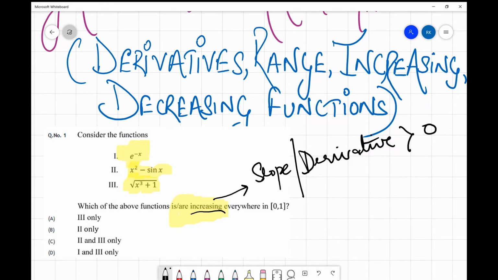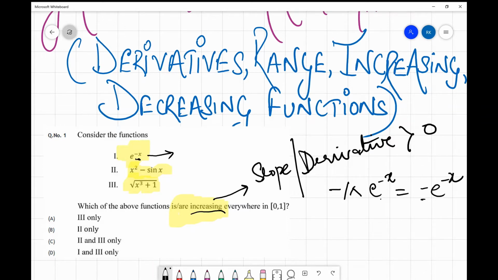If I analyze the first one, it is e to the power minus x. Its derivative is minus 1 for the derivative of the power minus x, that is minus 1 into e to the power minus x, because the derivative of e to the power x is e to the power x. So this becomes minus e to the power minus x.